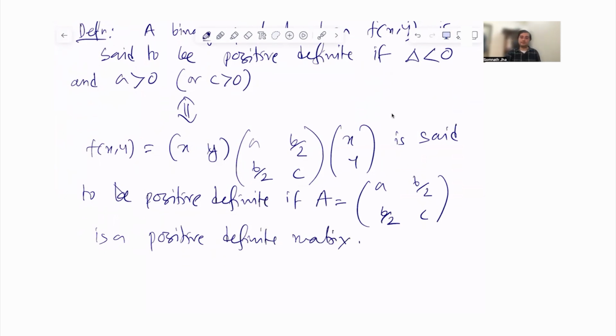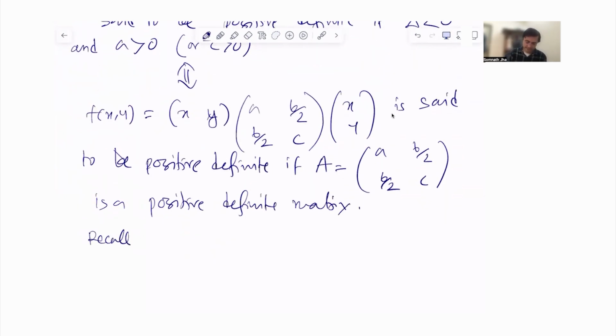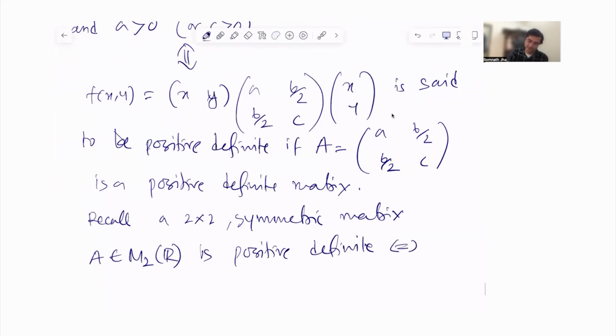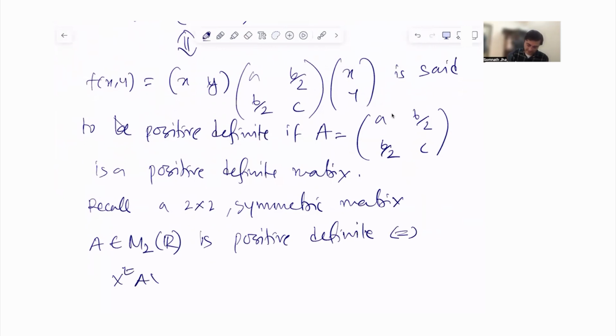And recall, a 2 by 2 symmetric matrix A is positive definite if and only if x transpose A x is positive for all nonzero column vectors x in R2.